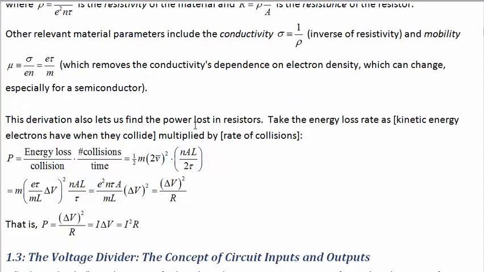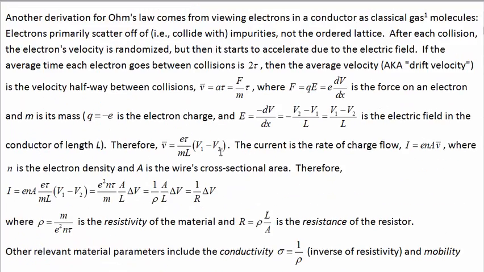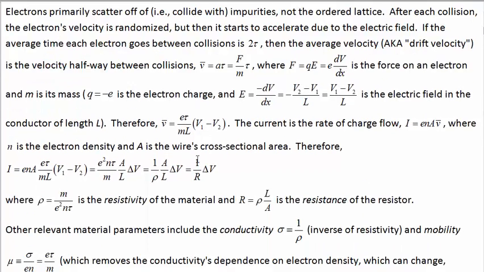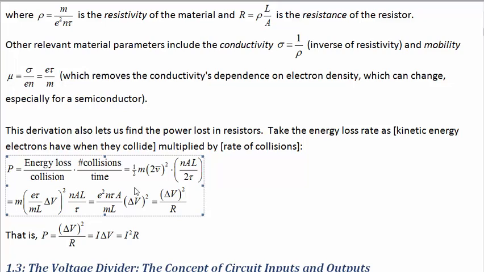Another useful property of this derivation is that, even though it used some assumptions which aren't that justified at the start, we can get a lot of mileage out of it and even figure out what the power loss is for conductivity. Power loss is given by the energy loss per collision times the rate of collisions.